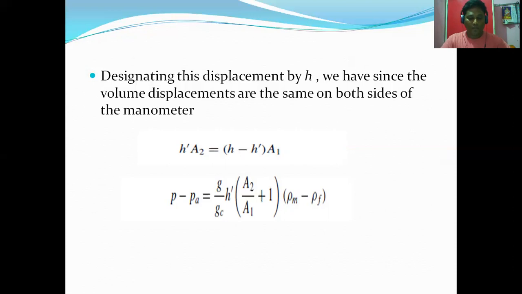When mercury is the manometer fluid, a variable pickup may be used to scale accurately the fluid height.